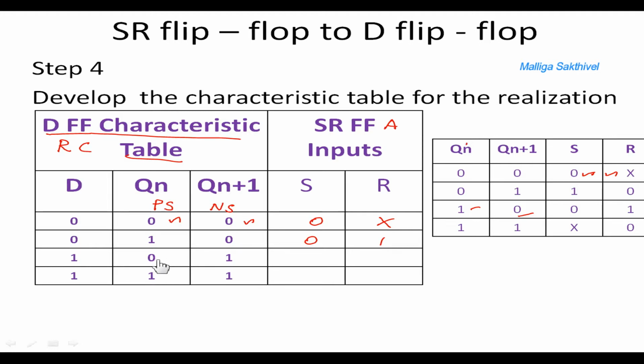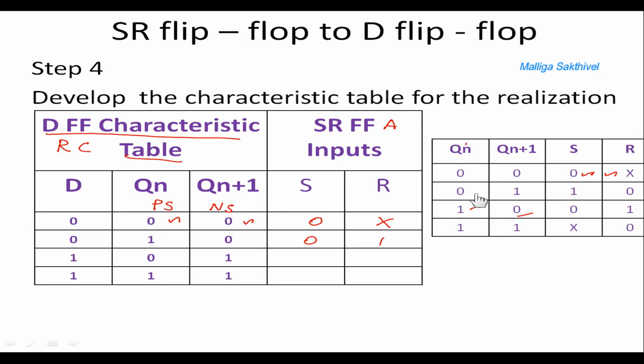And then here 0 1, so for this 0 1 combination, the inputs are 1 0. And the last one is 1 1. For 1 1, the inputs are X and 0. Right? So this is the characteristics table for our realization.